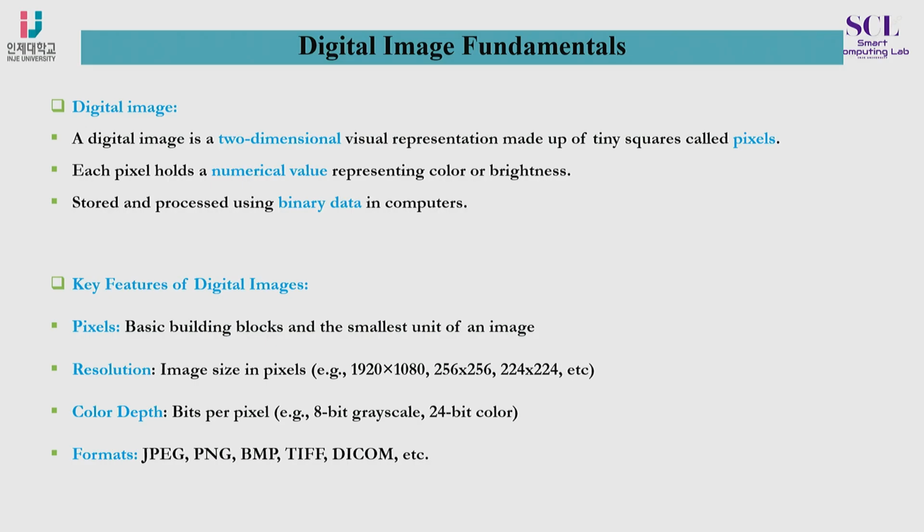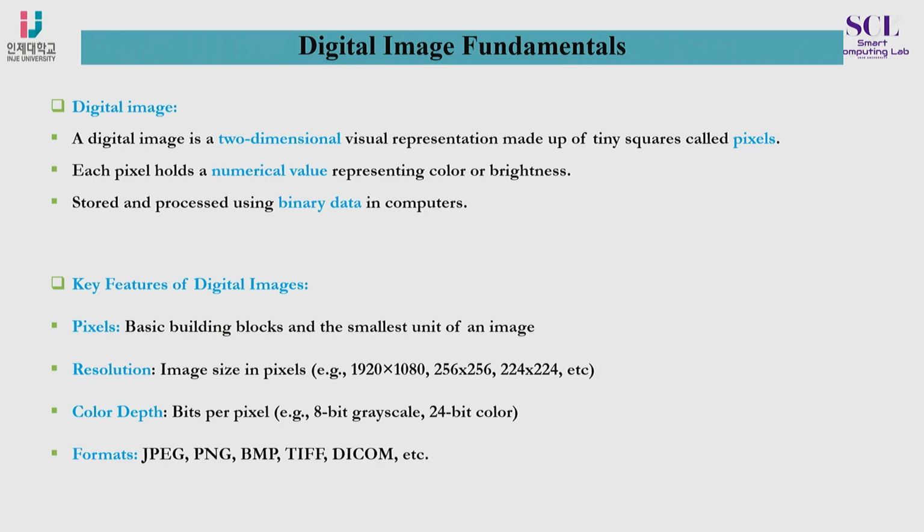Now, key features of digital images. As I mentioned, the pixel is the basic building block of your image, and image resolution is the size of the image, maybe 256 by 256.